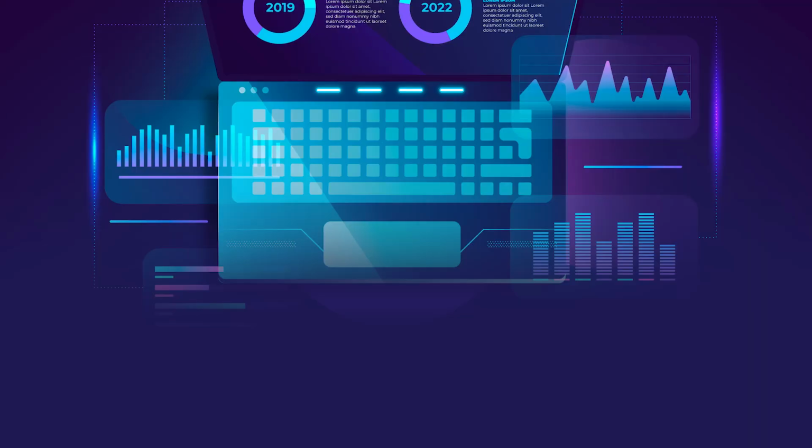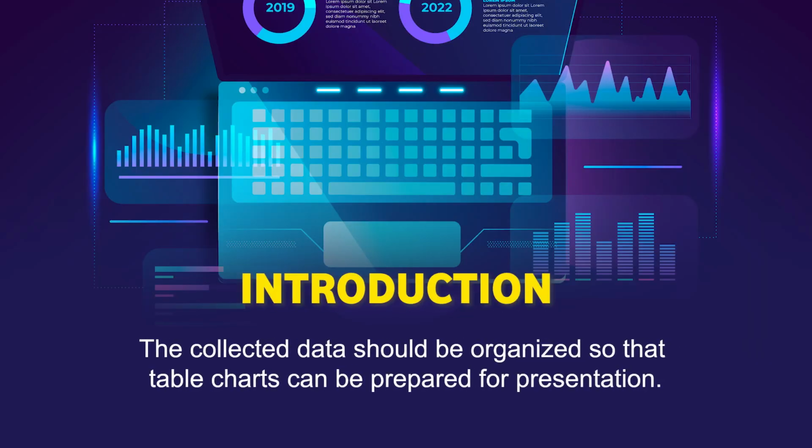Going forward here, the collected data should be organized so that the tables and charts can be prepared for the presentation, right? As you know, when we are trying to edit the data that we collected, we separate them in the form of codings. We give the codings, we also classify it, and we also put it in the form of tabulation, right? So the same can be organized so that the tables and charts can be prepared for the presentation.